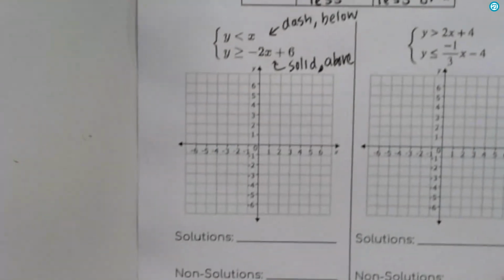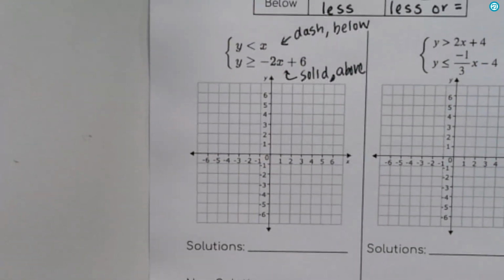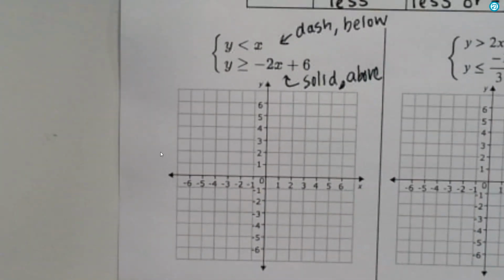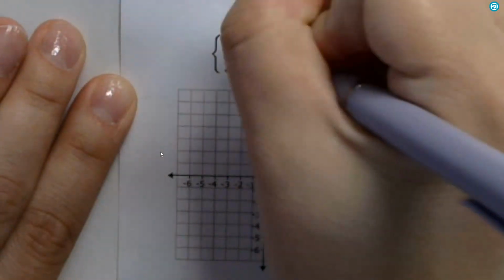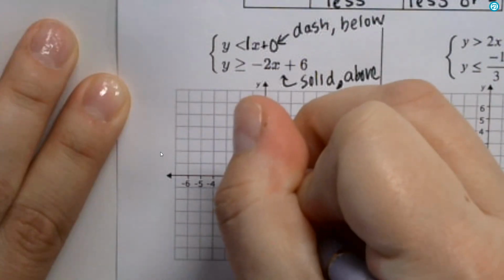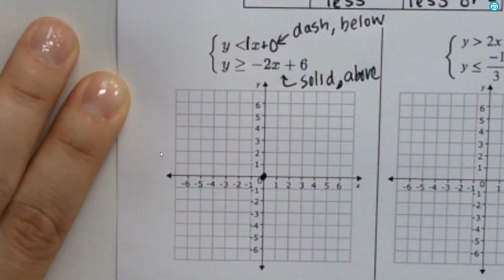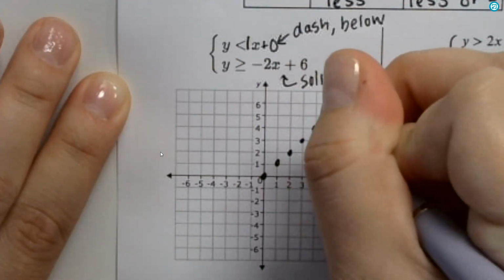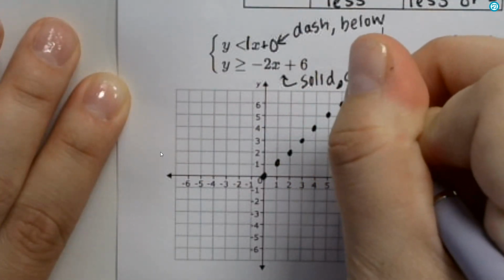Alright, then we can start graphing these ones. So we've got y is less than x. There is an imaginary 1 here as my slope. There's imaginary plus 0 as my y-intercept. So I start my graph at 0. I'm going to graph a slope of 1, so I'm going to go up 1, right 1. I need to go all the way across my graph in both directions.